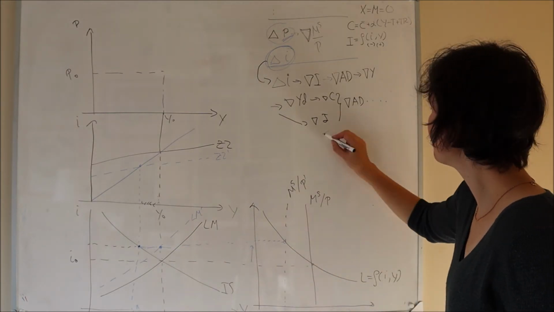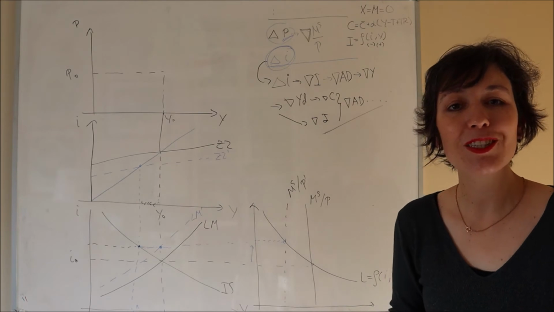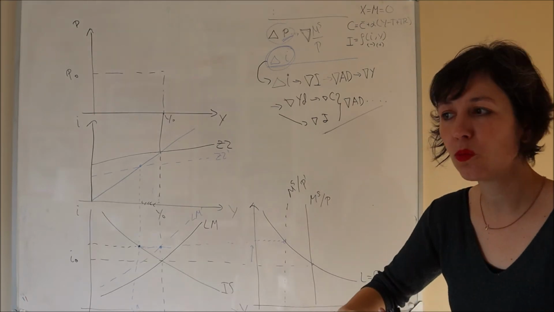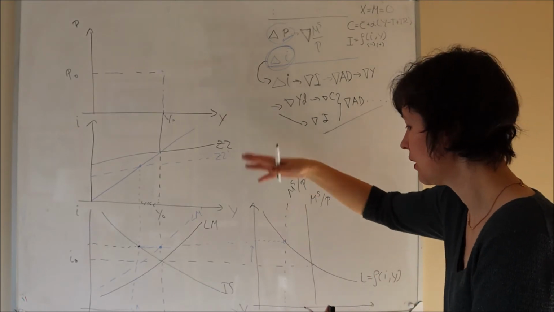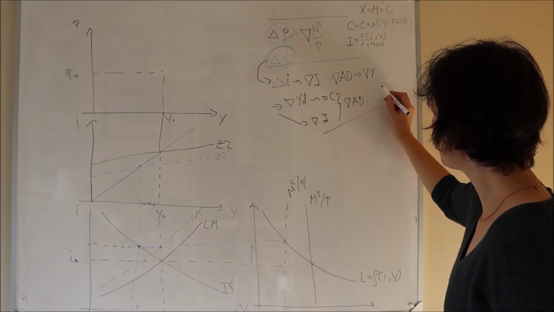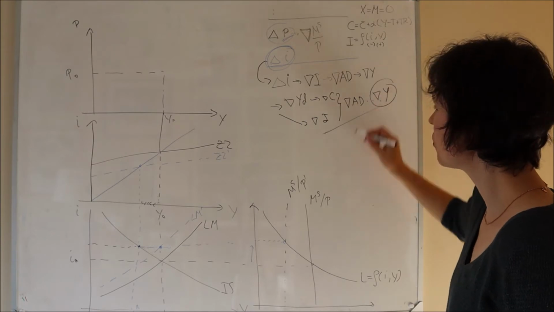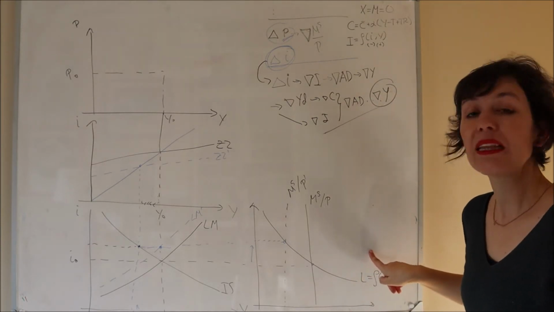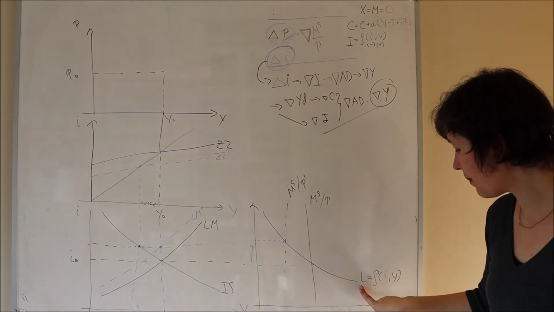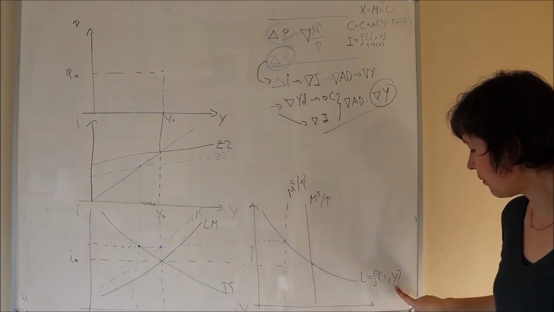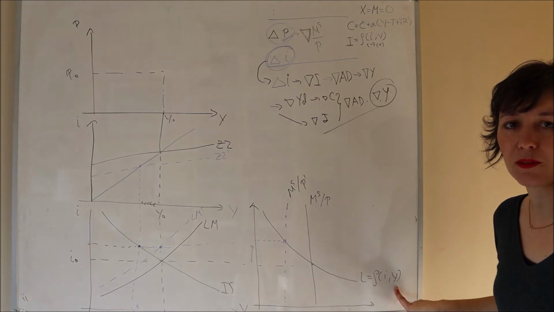Did we finish? Not yet, because this is going to have a second effect, or a sequence of effects. In fact, when the level of production decreases, this is going to have an effect in the money market. How is that? Because the demand for money, the demand for liquidity, depends on the level of production.